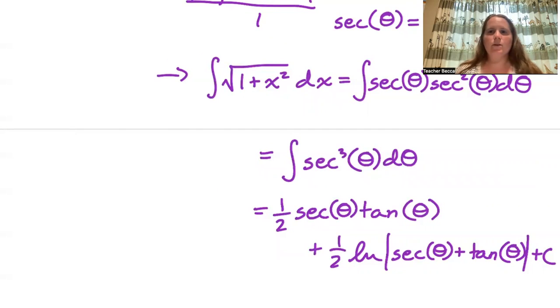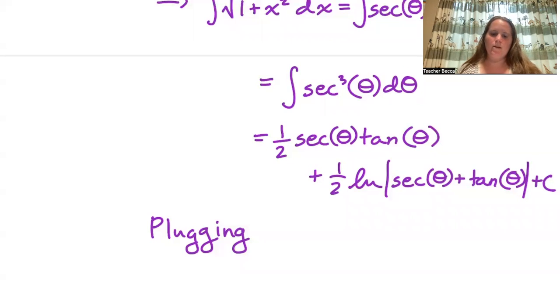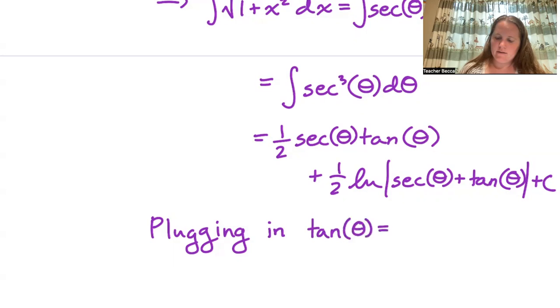If we go ahead and plug back in, plugging in the fact that tangent of theta was just x, and secant of theta was the square root of 1 plus x squared.